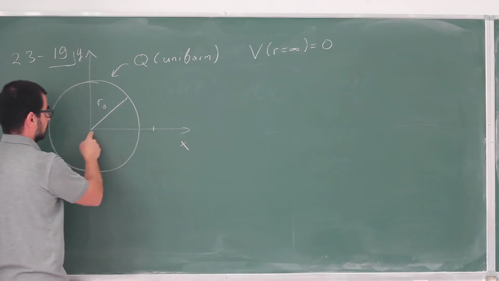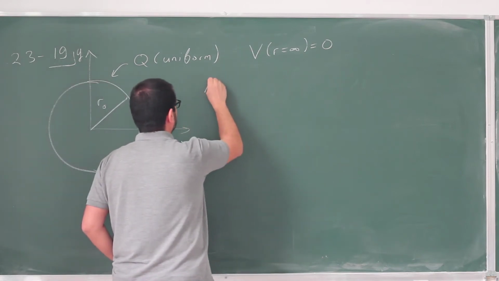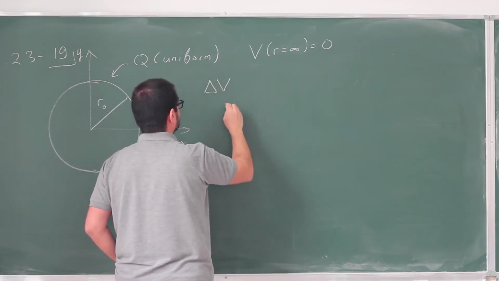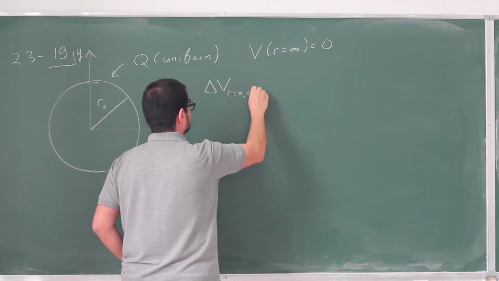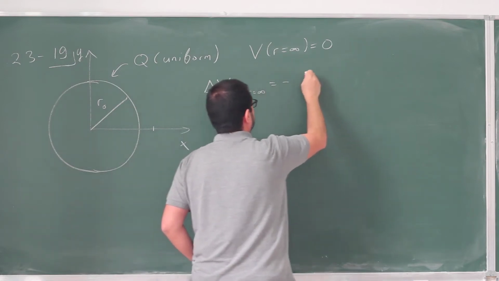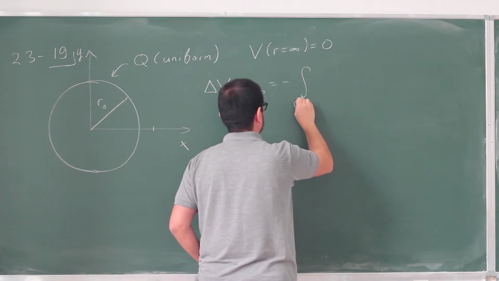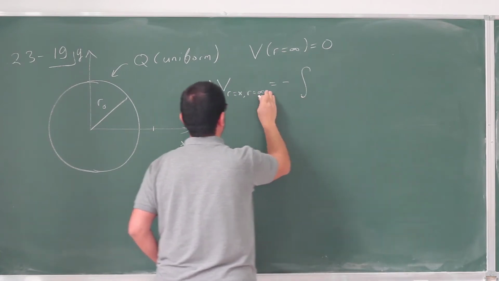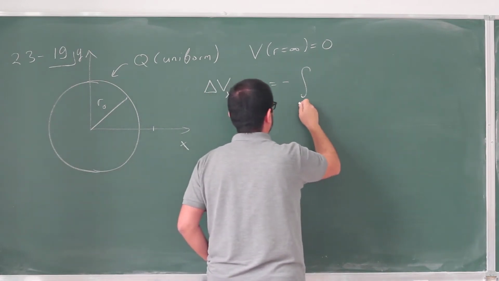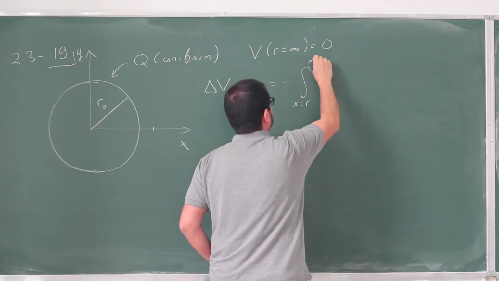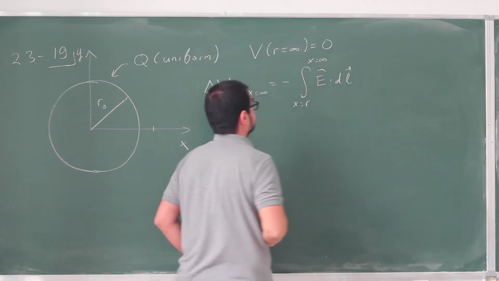This point is going to be at distance x from the center of the sphere, and this delta V, as I go from some position x to r equals infinity, is going to be minus this integral, let's say, from x equals r to x equals infinity of E dot dl.